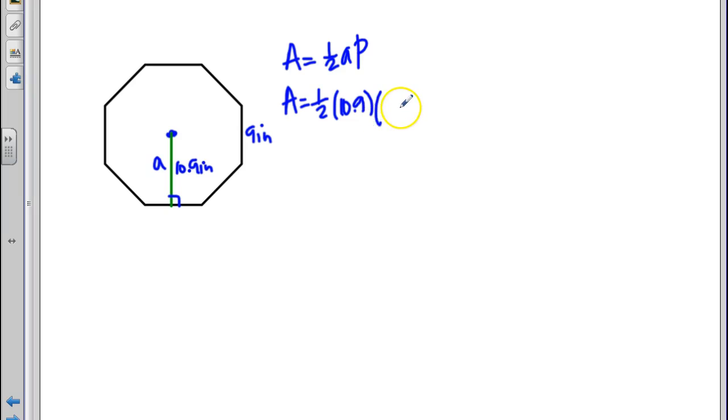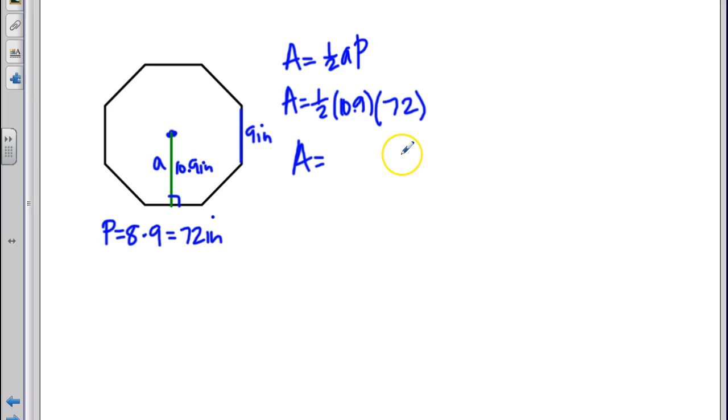And the perimeter is, well, if one side is 9, then all sides are 9. And how many sides does an octagon have? Yep, 8. So the perimeter is 8 times 9, or 72 inches. So we'll plug in 72 for P.